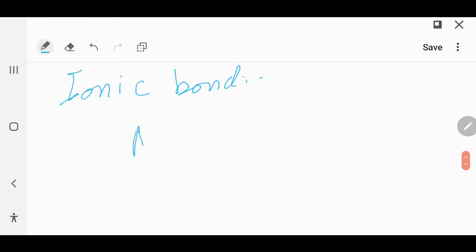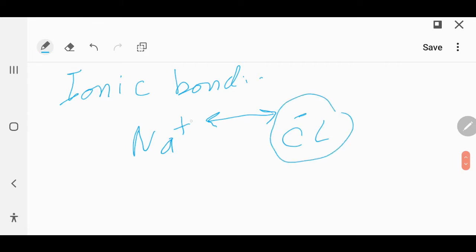So for example, if we have Na+, this is a cation, and we have Cl-, which is an anion. The electrostatic attraction between the negative charge here and the positive charge here will form an ionic bond.